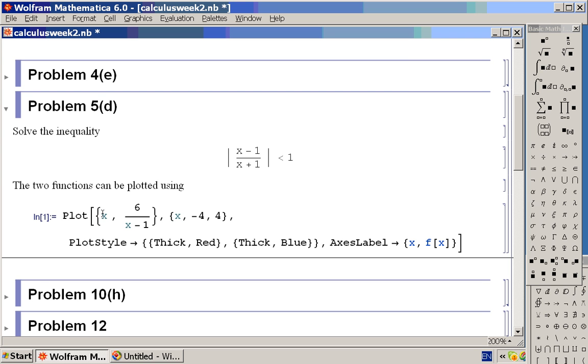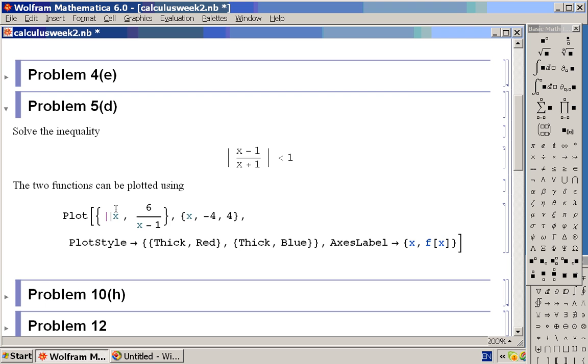So the numerator is, well, that function is called abs, of x minus 1. So that's the numerator.